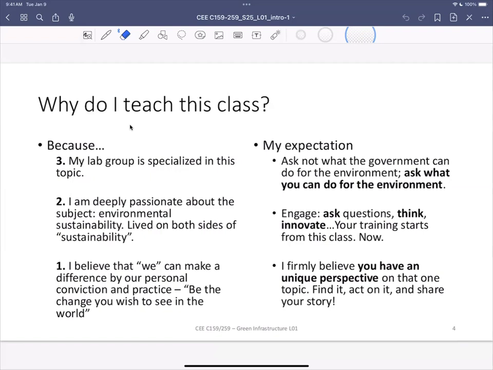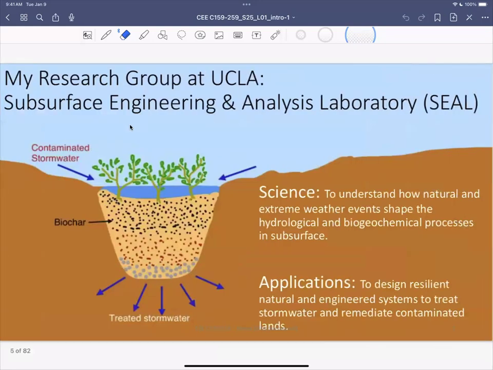The first one is Introduction to Environmental Engineering and Sustainability. The second one is Sustainable Waste Management, and the third one is Green Infrastructures. You are welcome to check those online so that you can see if it's something you are interested in. I also wanted to show you what kind of research we do and how this is related.